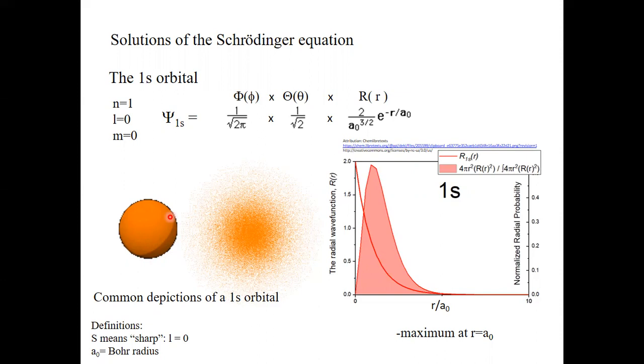Okay, so doing that, we can then define the 1s orbital as a sphere that has a specific radius, and that radius is defined by that 90% probability.